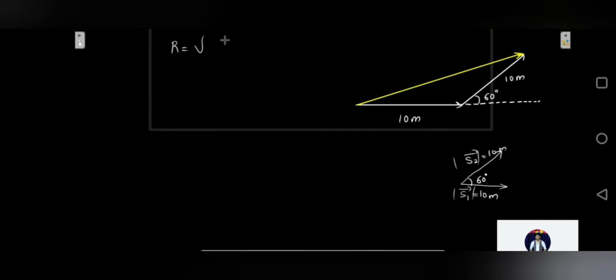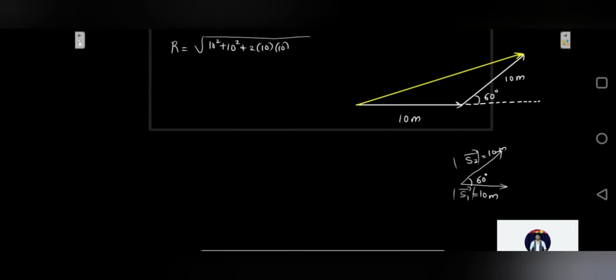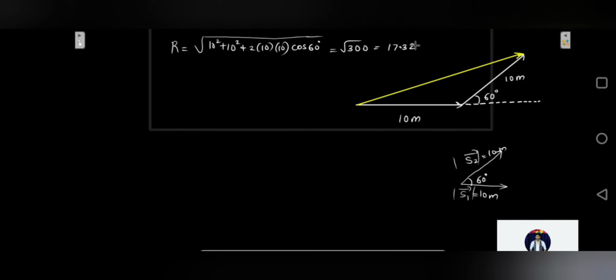It will be root of, I will directly substitute now, 10 squared plus 10 squared plus 2 into 10 multiplied by 10 into cos of 60 degrees, the angle between them. After you solve this, you will get root of 300, which is 17.32 meters. This is the distance that the grandson runs.